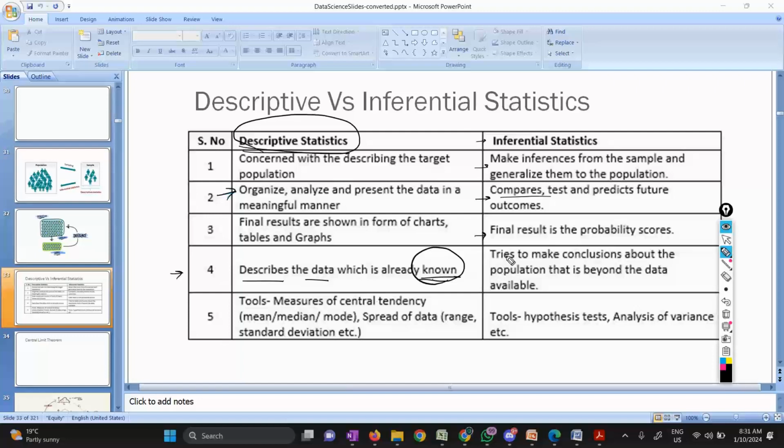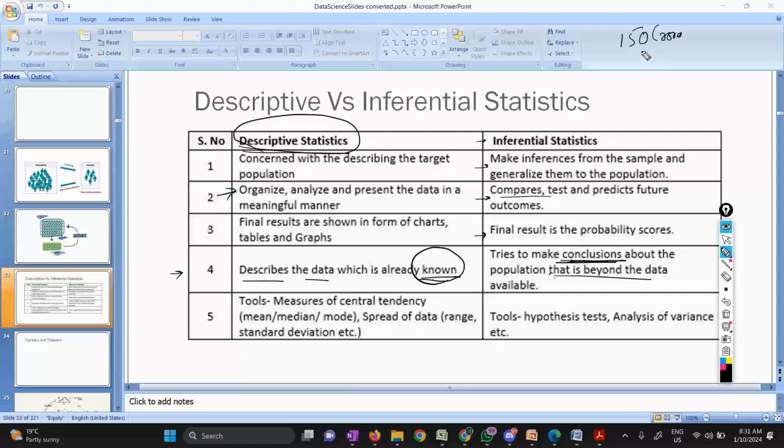Okay. Tries to make a conclusion about the population that is beyond the data available. So we are concluding in inferential statistics. So tries to make conclusions about the population that is beyond the data. Based on the data available, whatever data we have in front of us, based on that we are deciding about the larger population, what they think.